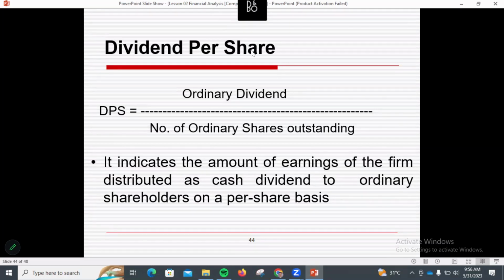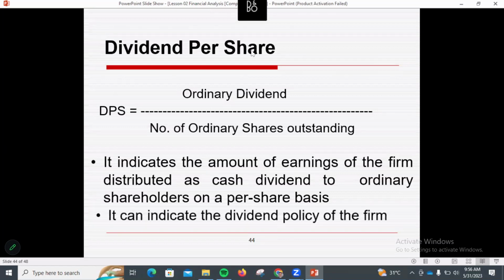It should be disclosed separately in the notes. The liability is not recognized for paying the dividend. It can indicate the dividend policy of the firm also.